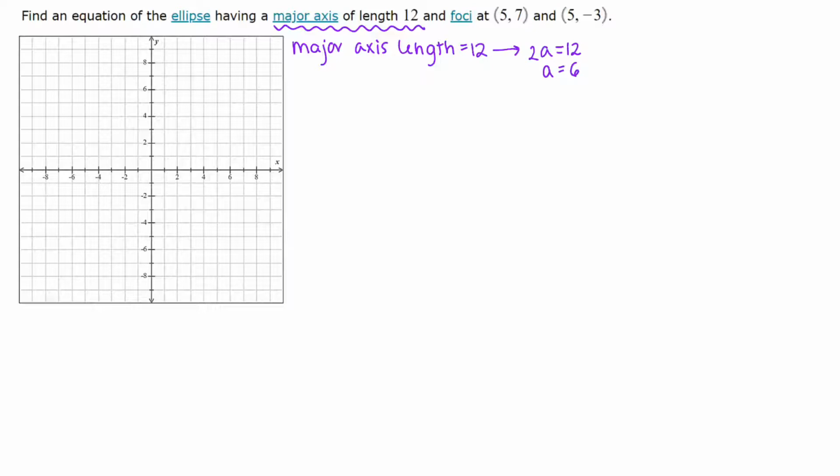Let's plot these foci. We have one at (5, 7), so over 5, up 7. Here's going to be one of the foci, I'll call it F1. And (5, -3) would be the other focus. We know that the foci are always on the major axis.